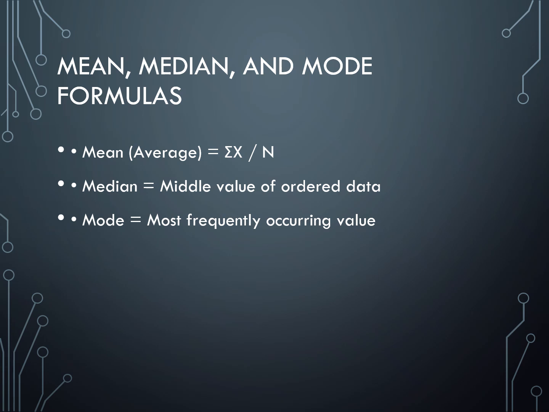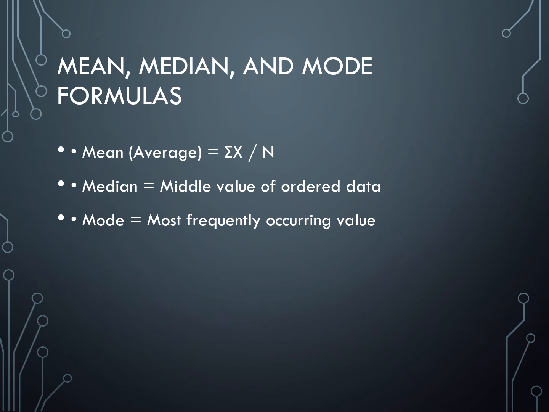Mean, median, mode formulas. The mean is the arithmetic average. We find it by adding all data values and dividing by the number of observations. Median is the middle value when data is arranged in order. Mode is the most frequently occurring value.